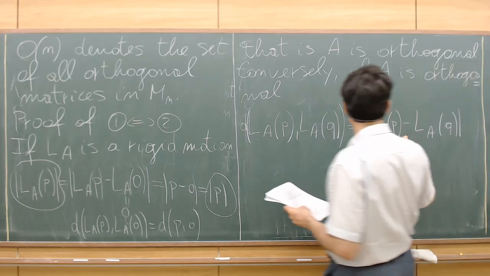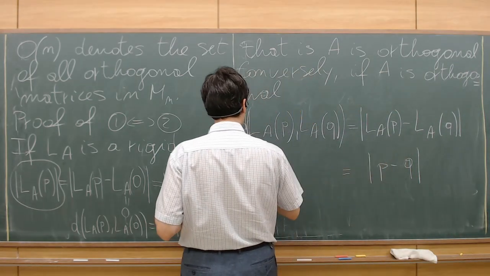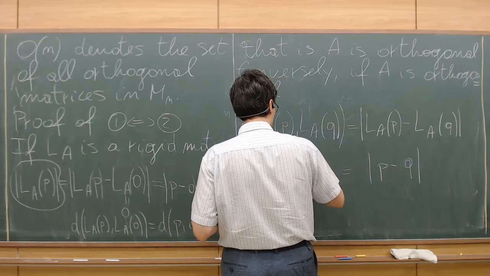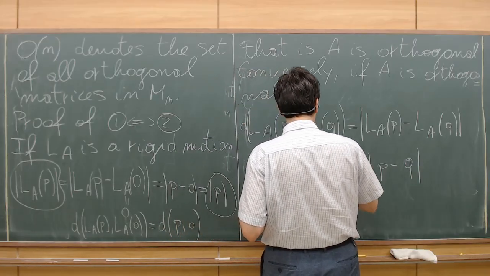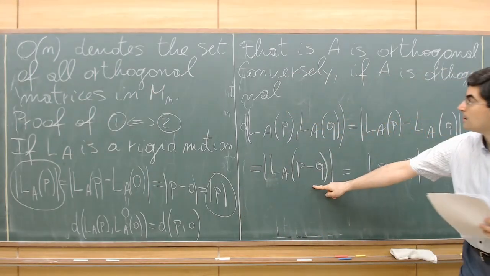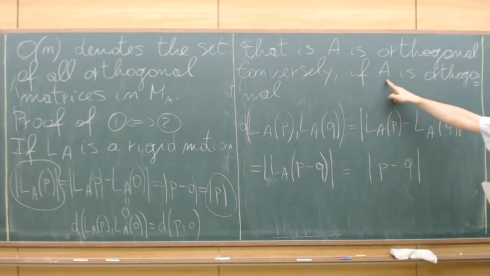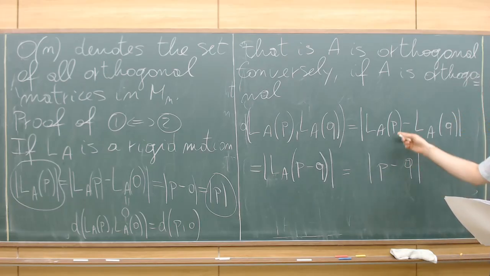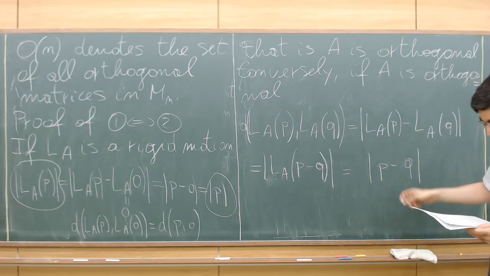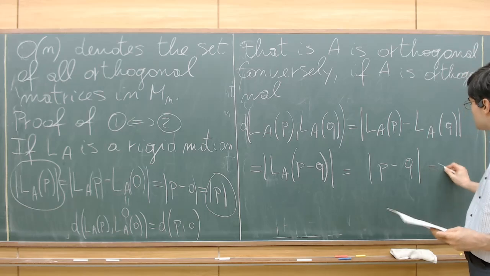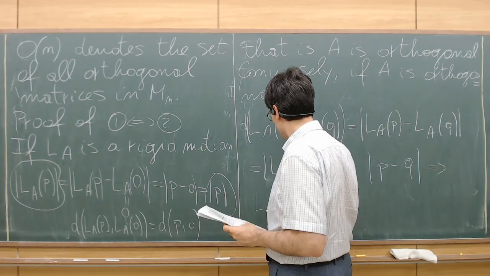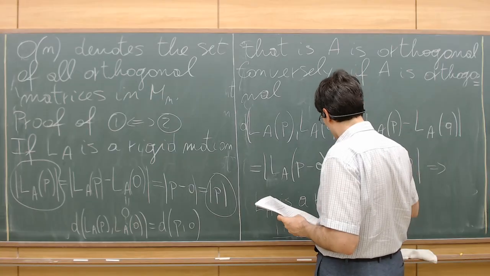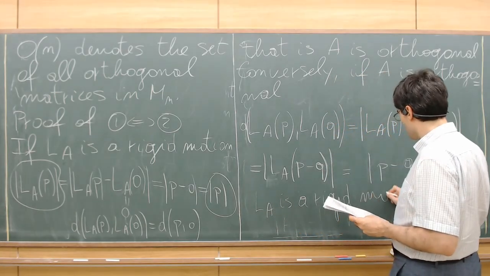Why? Because this, by linearity, can be written as the length of LA of P minus Q, and by the orthogonality of A, this coincides with the length of P minus Q. So this is equal to this. So this implies LA is a rigid motion.